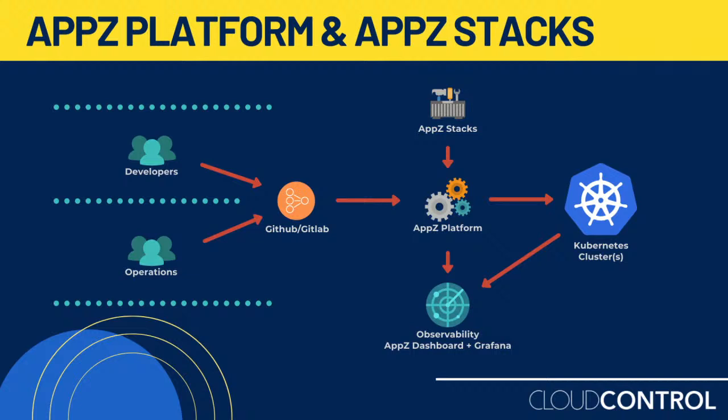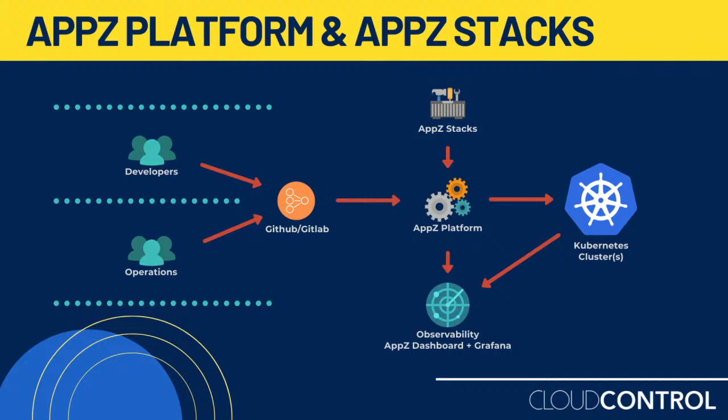Can the developer remain in their Git repository and deploy applications to their favorite cloud without leaving the browser? They don't have to log into any infrastructure. Infrastructure always remains behind a break glass policy.